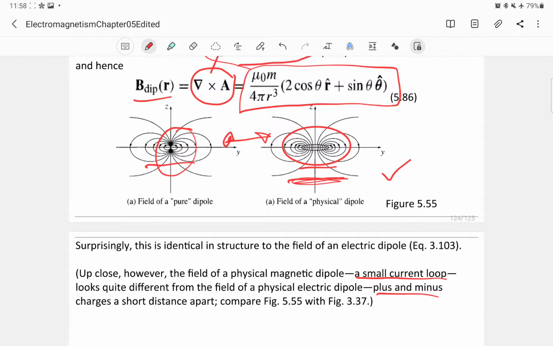They are similar for the pure dipole, but for a physical dipole between two point charges, positive and negative, it looks like this. And so it extends like a pumpkin, not like this one. So it's so different here.